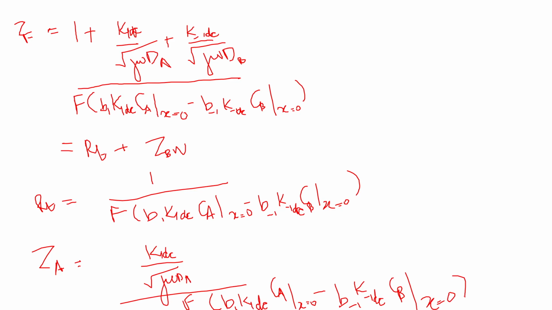So ZB will be the same thing except that this term will change. So it will be K minus 1 DC by root of J omega dB. Okay, so these are the terms.